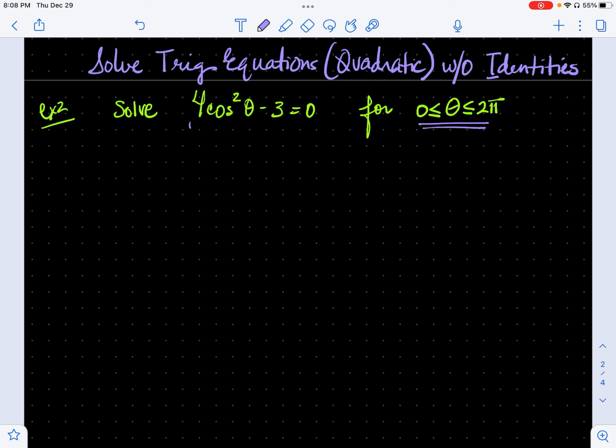And I do see this equation. Again, if you're still not comfortable solving with trig in the equation itself, feel free to replace it with x, not the square. Just the cosine of theta is x, which makes this 4x squared minus 3 equals 0.